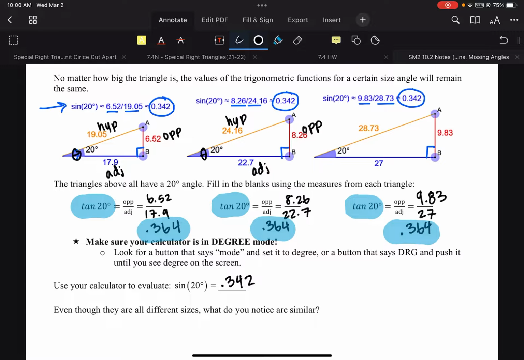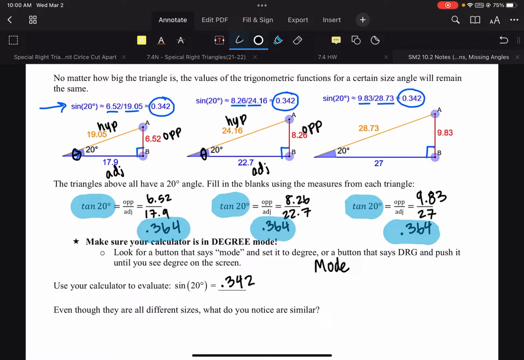So what you need to do is you need to click on your calculator where it says mode. It's usually on the top left of your keypad somewhere. On my calculators, it's right up next to the second button. Hit mode, and then somewhere on there it's going to have radians and degrees. On my calculators, it's the third option down. You're going to go over and make sure that the degrees is highlighted.